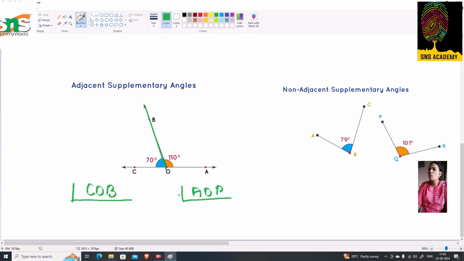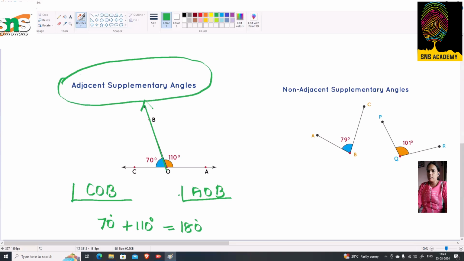For these two angles, OB is common, and we add and check. Not all adjacent angles are supplementary. The sum should be 180 degrees. So we add 110 and 70. The answer is 180 degrees and there is a common arm between these two angles. Then we call these two angles adjacent supplementary angles.